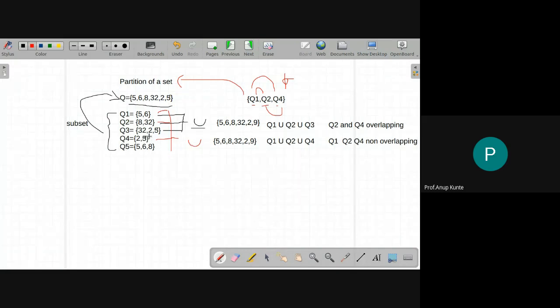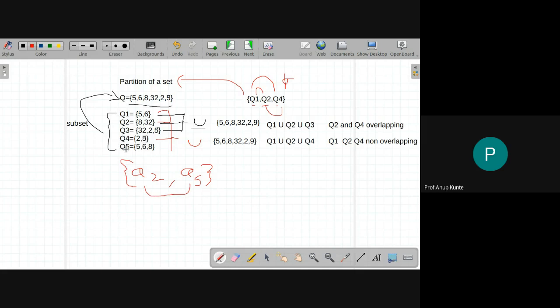For instance, consider 8, 32 and 5, 6, that is Q2 and Q5. If I consider this set, two properties are covered. Q2 and Q5 are non-overlapping.